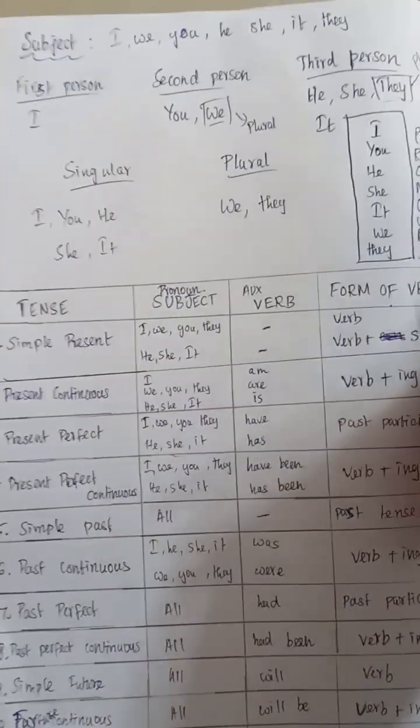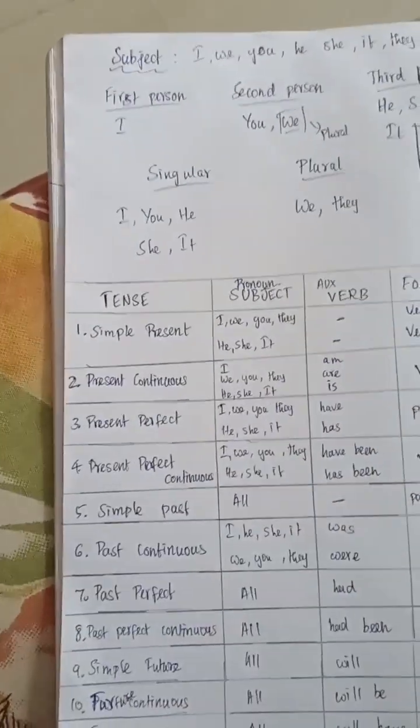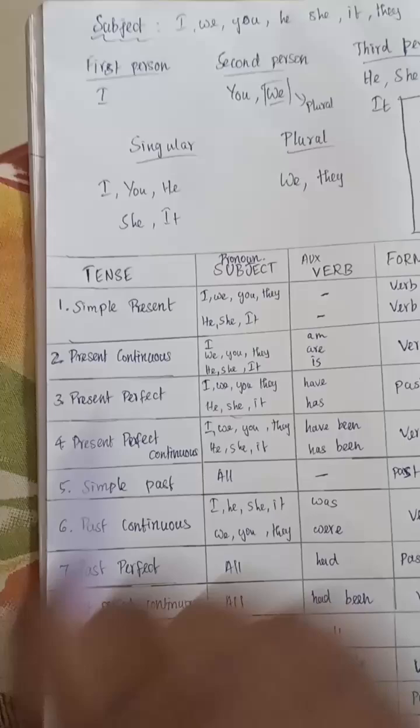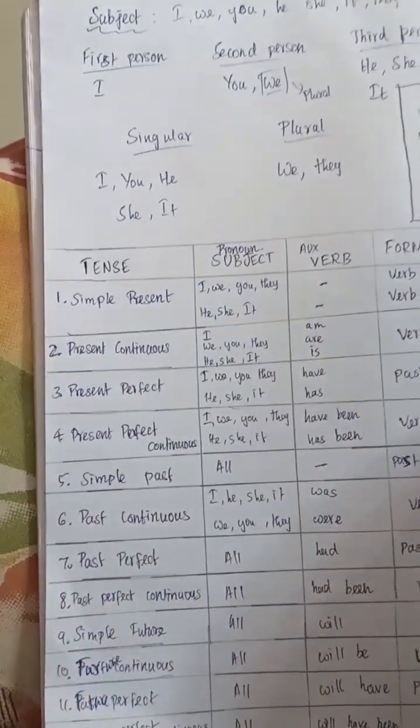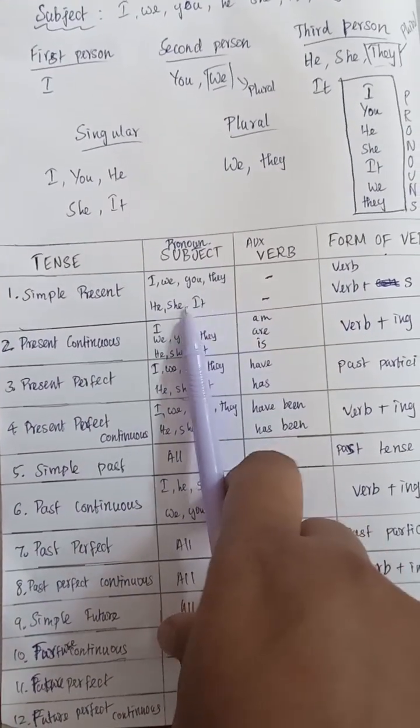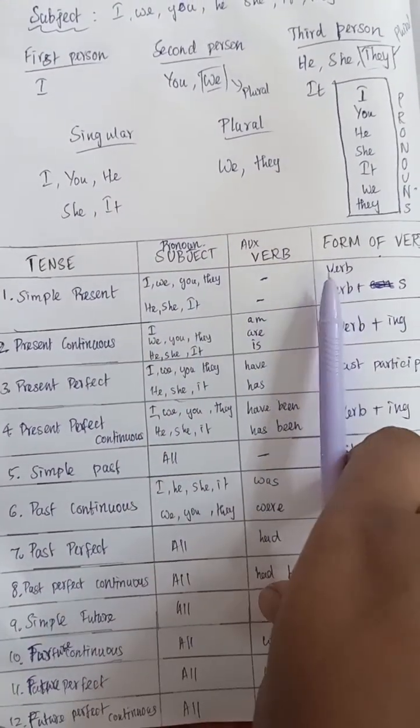There are actually 12 types of tenses. The first tense is simple present. When we apply these pronouns, the verb will change.